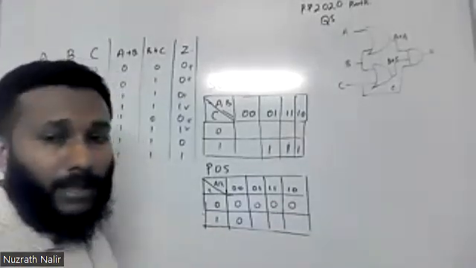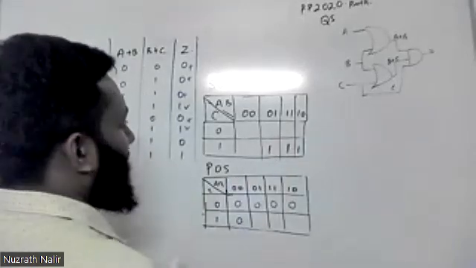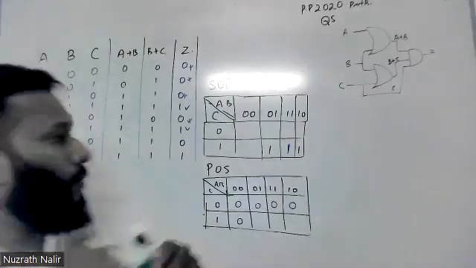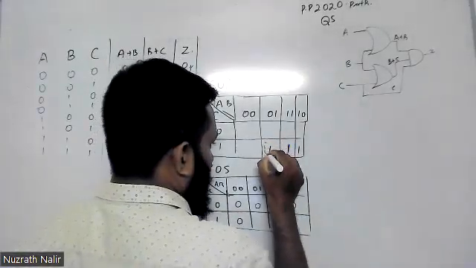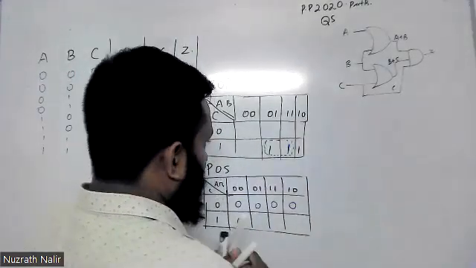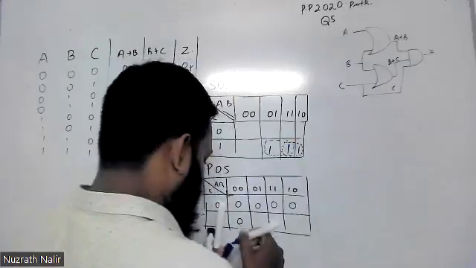Fine, let's do the SOP. So you can make two groups here. Number one, green color. Number two, the blue color.